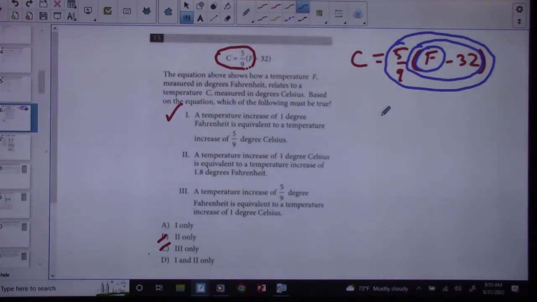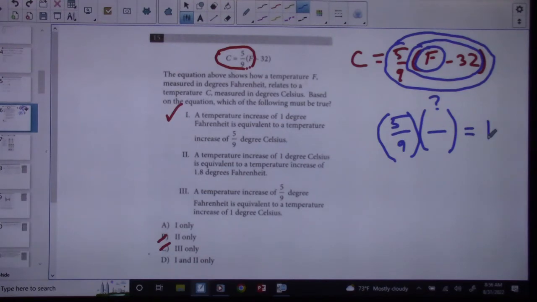Okay, what you're looking for, there's something in mathematics called a reciprocal. And the definition of a reciprocal is what number do you multiply by 5/9 to equal 1? What number times 5/9 equals 1? 9/5, thank you.